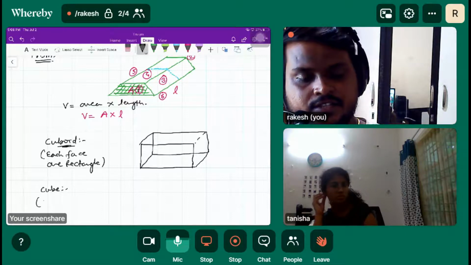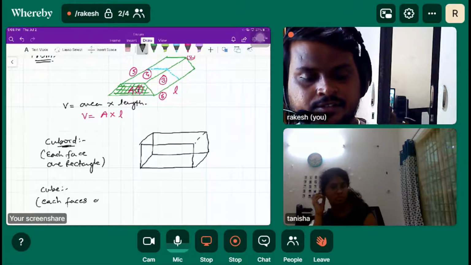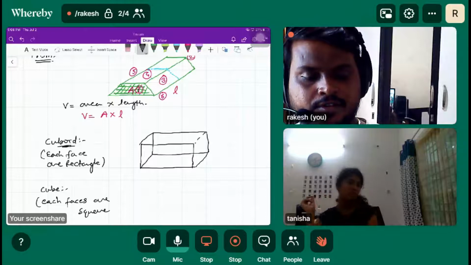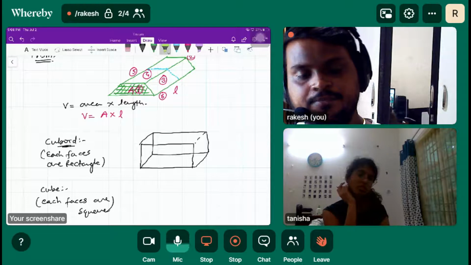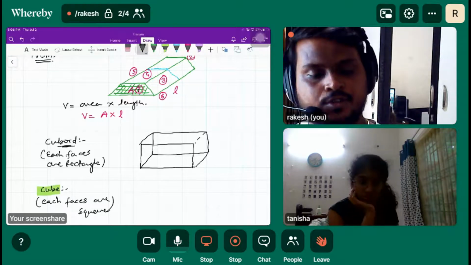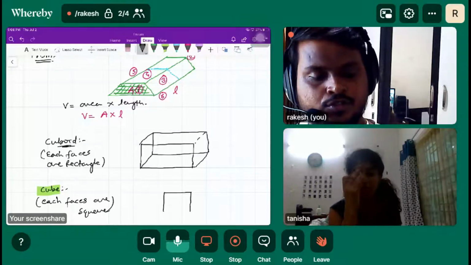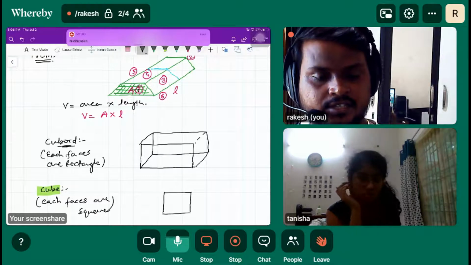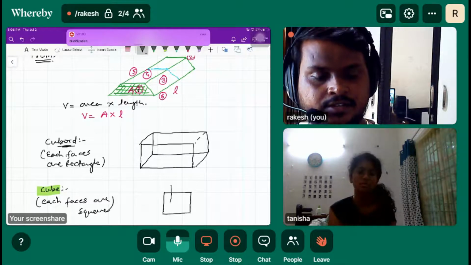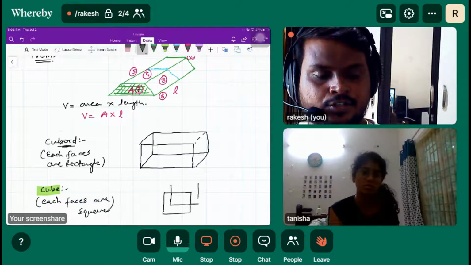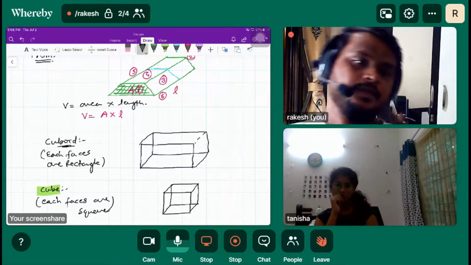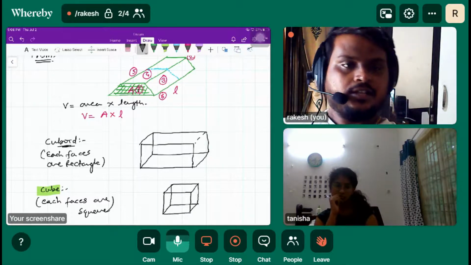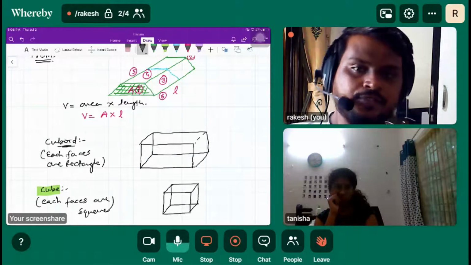If each face is a square, then this becomes a cube. So how do we draw a cube? We must show a square as a face like this. When each face is a square, it will give you a cube.